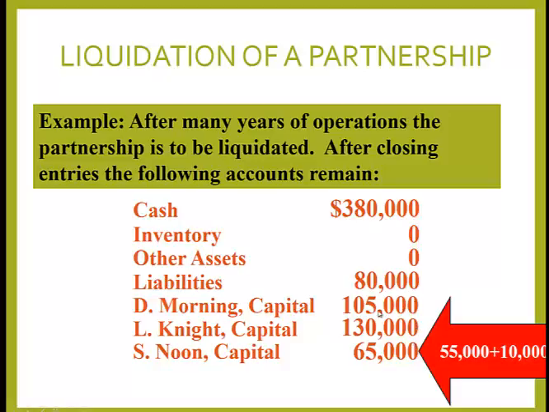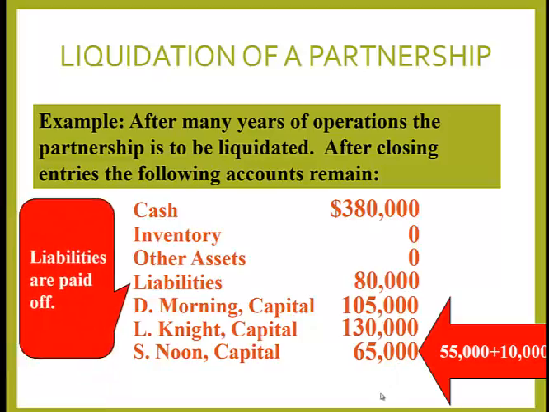Donna Morning had $95,000 and we just gave her another $10,000 credit, so her balance is $105,000. Knight had $120,000 and we added $10,000 to his balance to give us $130,000. And then Noon had a $55,000 balance and we just added $10,000 to give her a $65,000 credit balance.